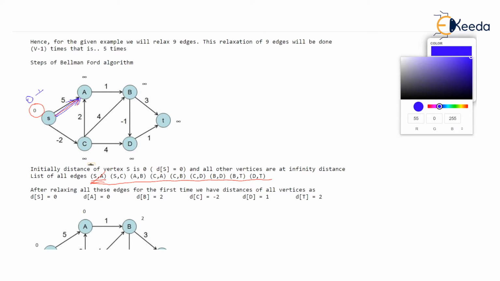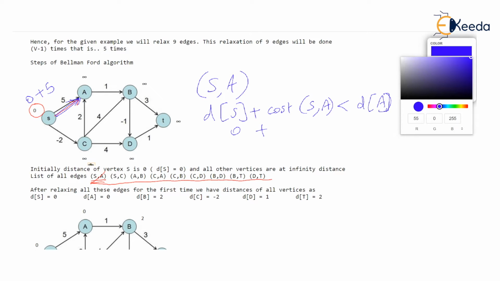You're going to check because it is going to be S comma A. The edge is S comma A. Remember, then we are going to check is ds plus cost of S comma A, is it less than dA? Correct? So what is ds? ds is 0 and cost of S to A, as you see, is 5. Is it less than dA? And dA, as you see, is infinity at the moment. So 5 is less than infinity.